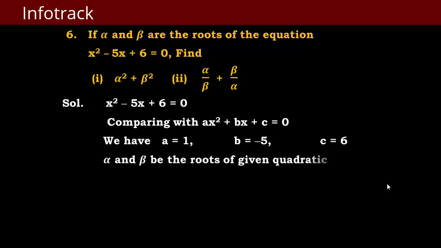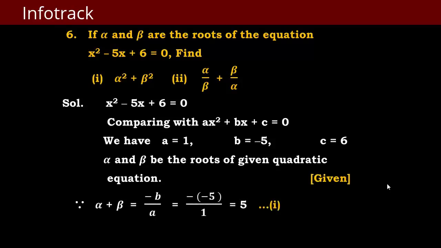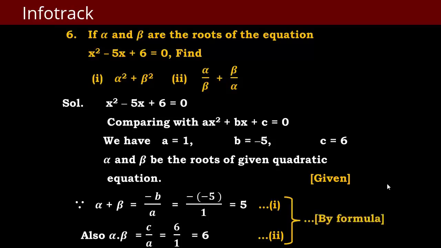Let alpha and beta be the roots of the given quadratic equation. Now student, we can use the formula alpha plus beta is minus b upon a, minus of minus 5 upon 1. So minus becomes plus, that is 5, and alpha into beta is c upon a, that is 6 upon 1, which is equals to 6. So this is by formula.